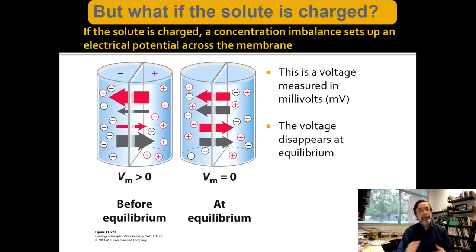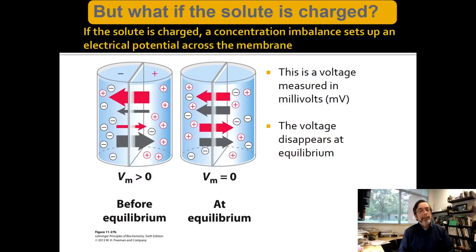So if you have perfectly balanced pluses and minuses on both sides of the membrane, then you don't have a voltage and this term disappears. If your solute is uncharged, it doesn't respond to a difference in voltage, so you don't have to use this part of the equation. It's only when you have an imbalance and the solute is charged, because the charge will influence the energy of moving the solute in or out.